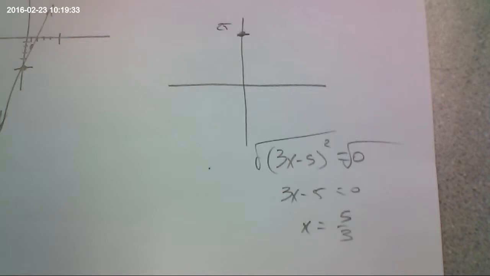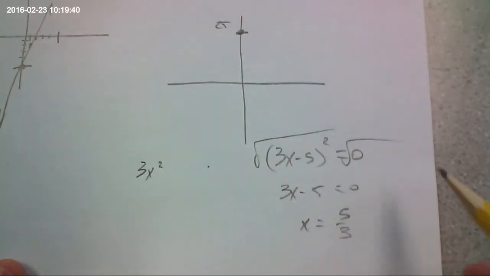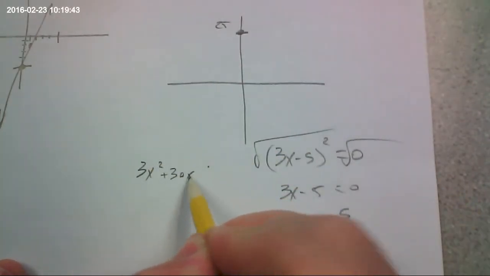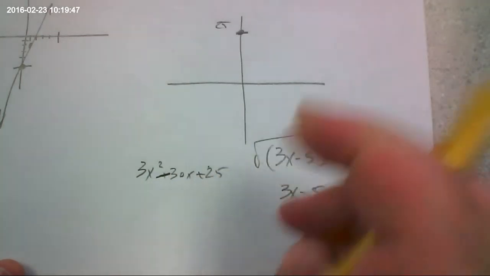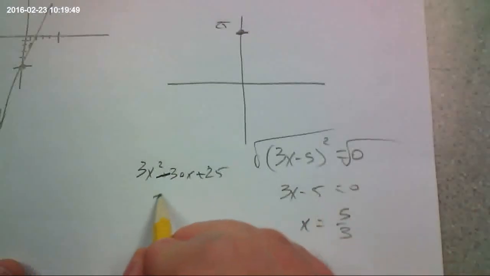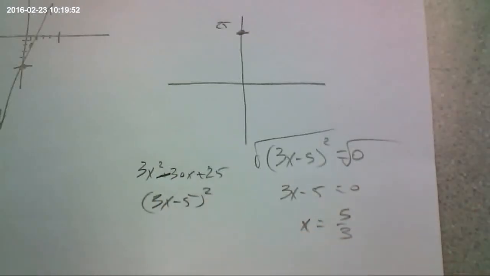Even if you multiplied that out, 3x squared minus 30x plus 25, that's factorable. You know what it's factorable to? 3x minus 5 squared. You guys are so worried about how you do stuff, you forget what it means.